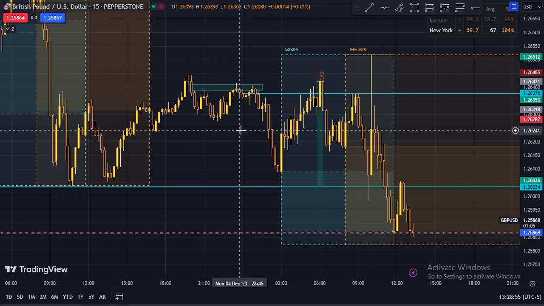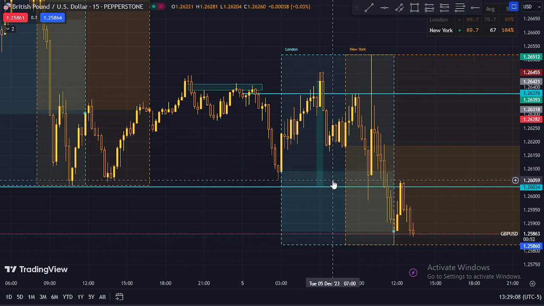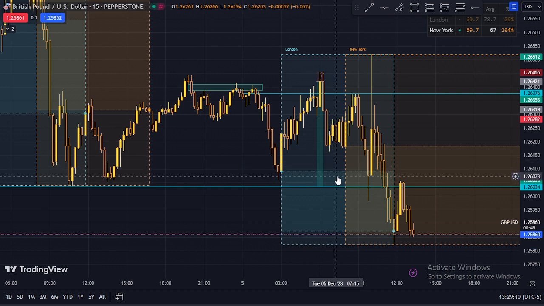So if you're shorting the foreign currency, you're going long on the dollar. Now, we'll be focusing on how it reacted to our kill zones and the silver bullets.